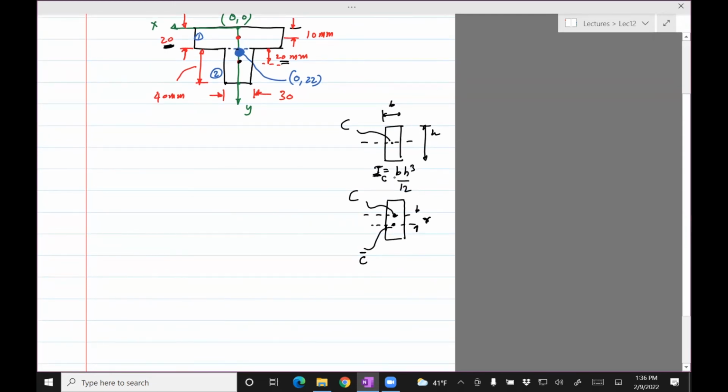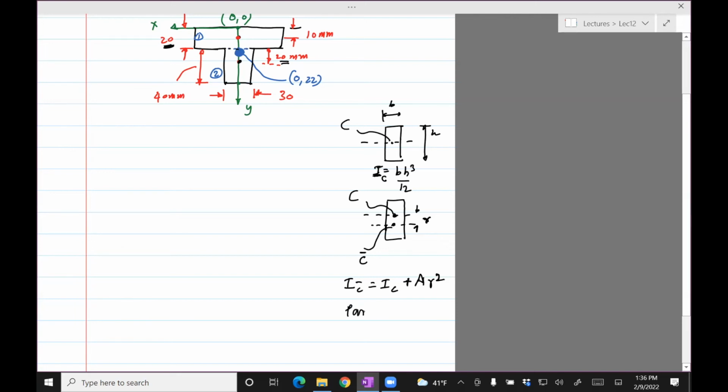So this is IC. If you want to find IC bar about a different axis, then it's the inertia about the centroid, plus the area of that rectangle times the distance from C to C bar, squared.